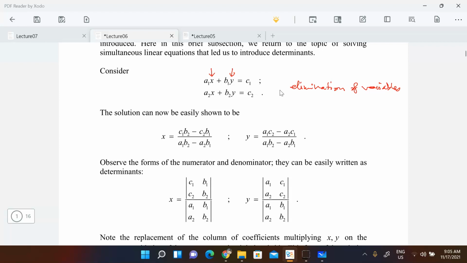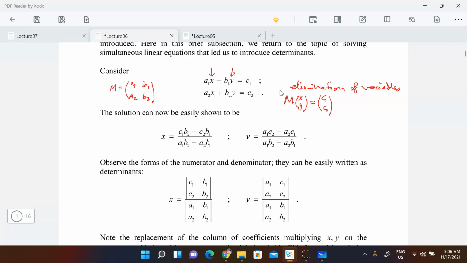But one of the things that you probably will now be able to see is that if I write the coefficients over here as the matrix M, so what are the coefficients here? A1, B1, A2, B2. And this equation becomes M times (x, y) equals (C1, C2).